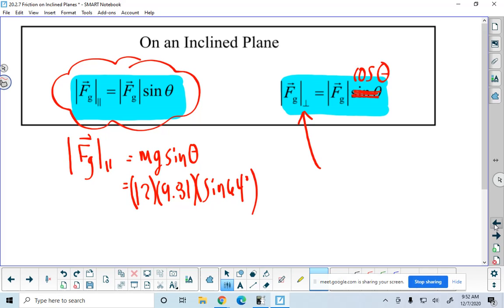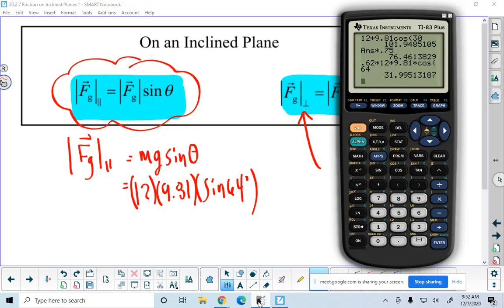I want to throw this out to you because sooner or later we're going to have to grapple with it. And I think you know me as a teacher by now. Rather than letting it all pile up and giving it to you all at once, I like to have things that we can refer to later. So if I take 12 times 9.81 times sine of 64, I get 106 newtons.